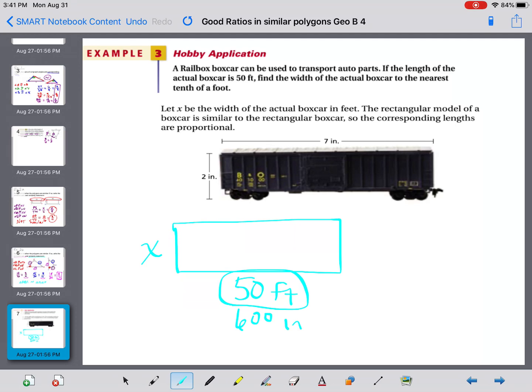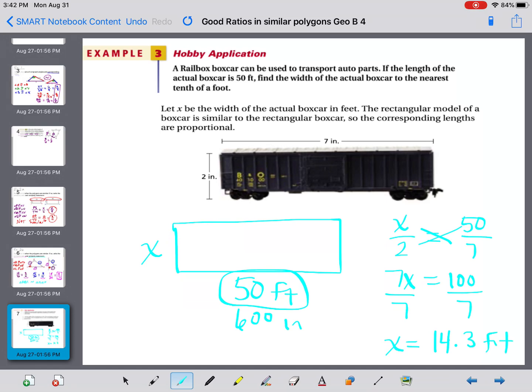We know that the widths, x over 2, are going to line up with our lengths, which we can set up as 50 feet over 7 inches. If we do our cross multiplying, we get 7x equals 100. Divide by 7 on both sides, and we get x equals about 14.3 feet.